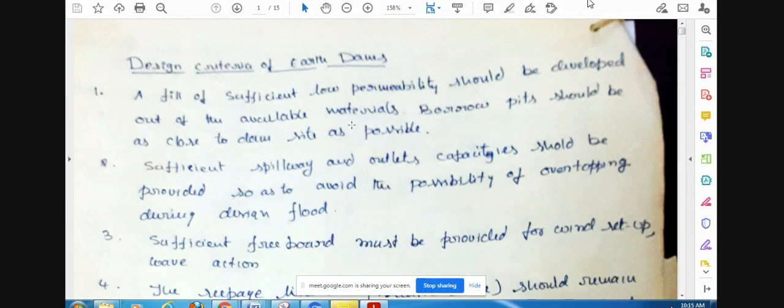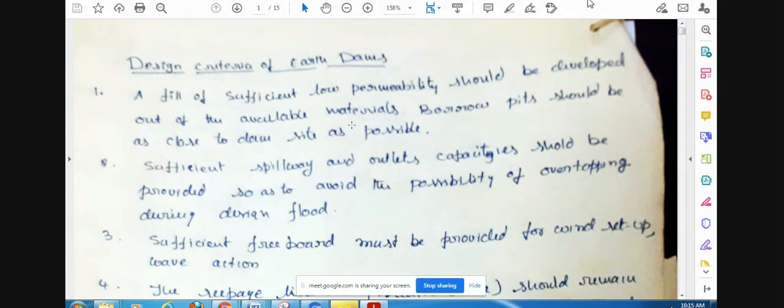Either by compacting, or even the natural permeability of the material should be low. Your borrow pits should be as close to the dam site as possible. Borrow pits means from where you are taking the material.